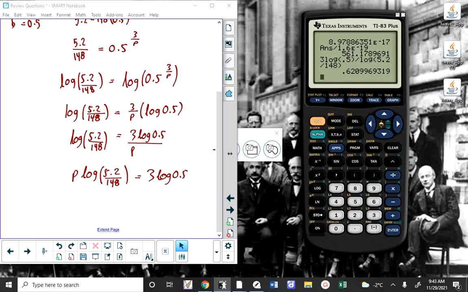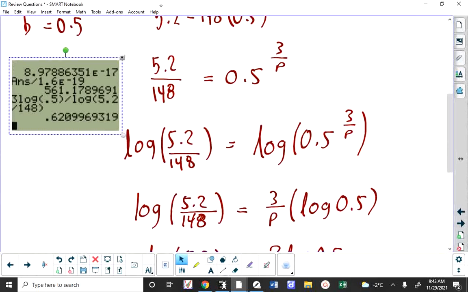Now, since I put the time in days, that 0.6 something is 0.6 something days. All of your choices are in hours, so if we multiply this by 24, because there's 24 hours in a day, we'll get the answer.